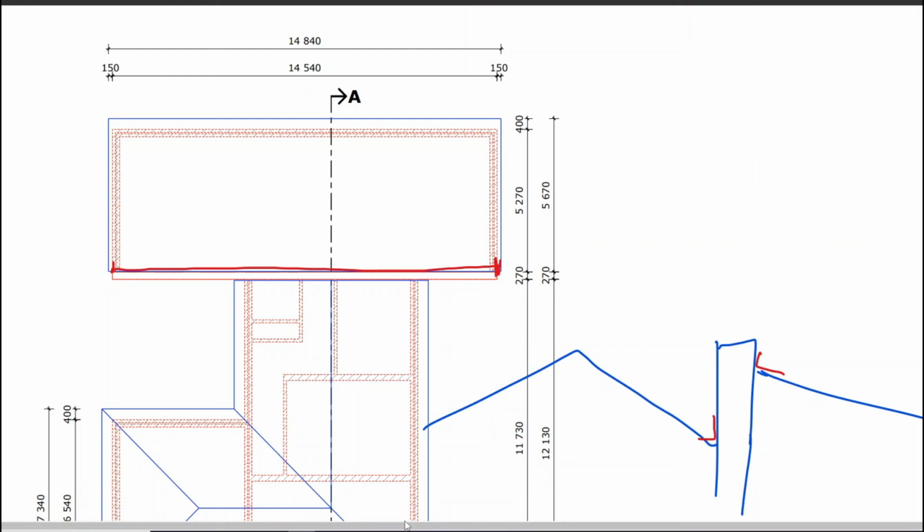Okay. This flashing is going to run this length, but you're going to have to apply a factor. Okay. This one is a straight dimension.